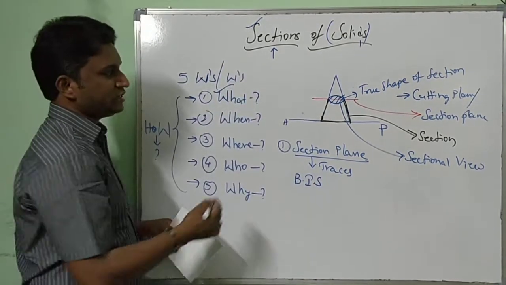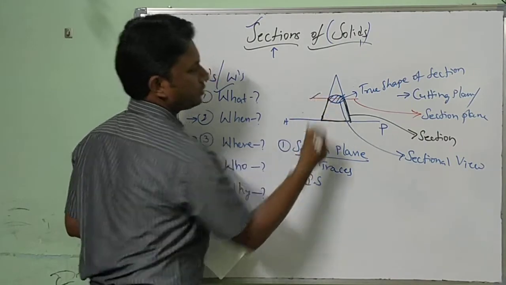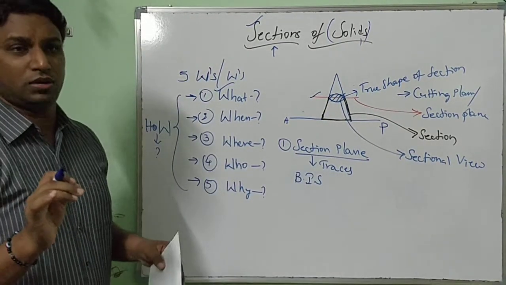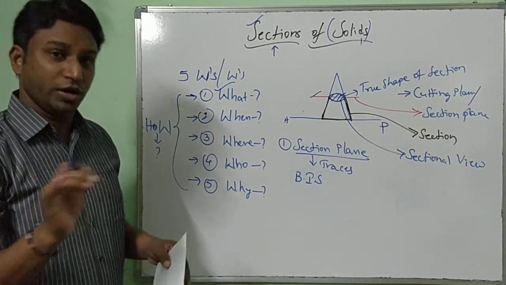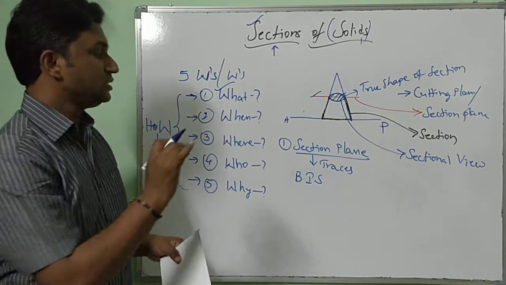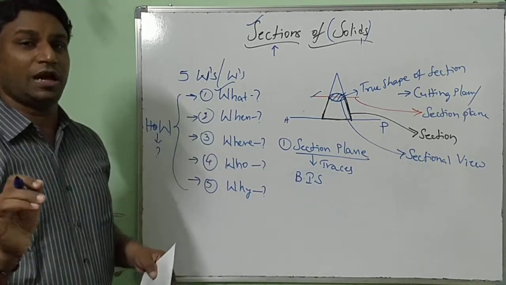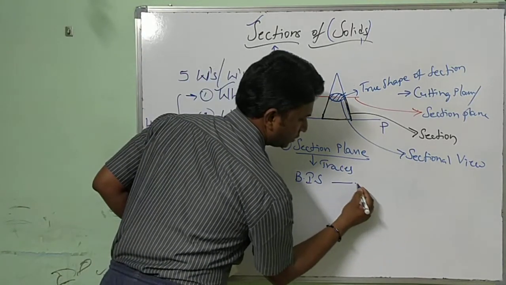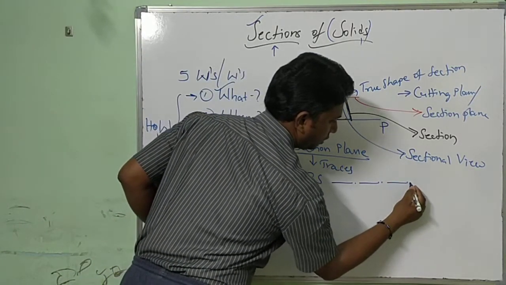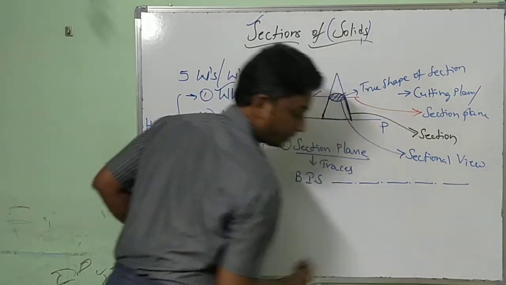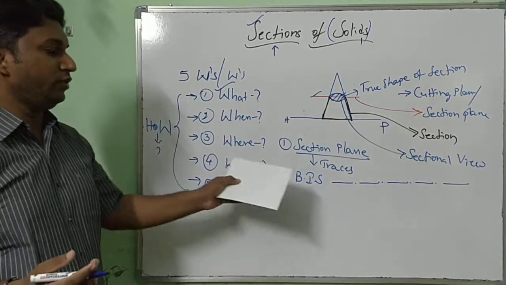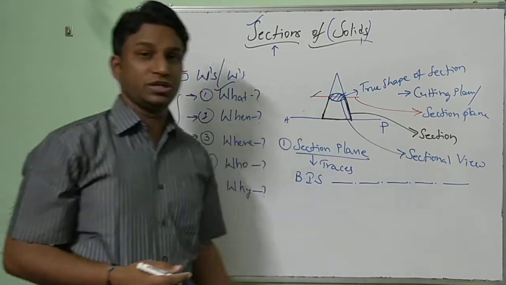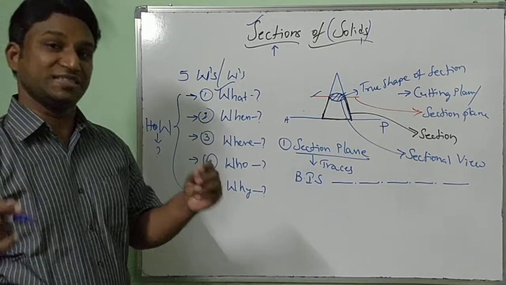How it is denoted is as per BIS, the Bureau of Indian Standards. I have just drawn a line here, but it is not indicated or denoted by a plain line. Section plane is denoted with the help of a dash-dot line. You may ask, sir, we already use this kind of denotation as per BIS for the axis line.